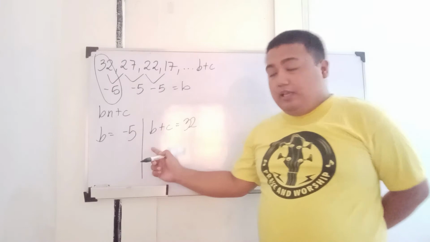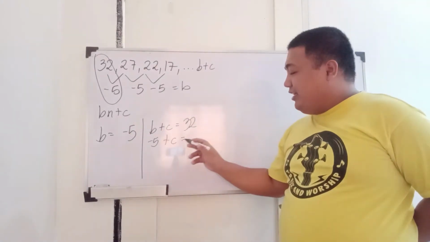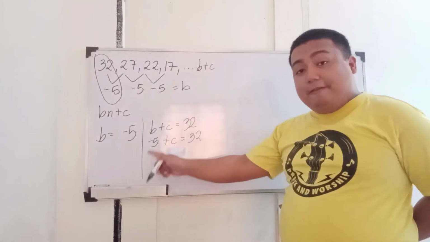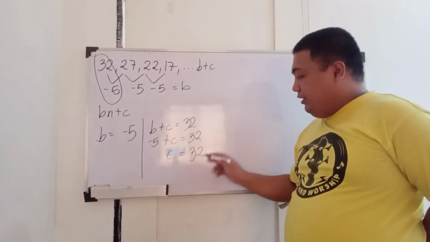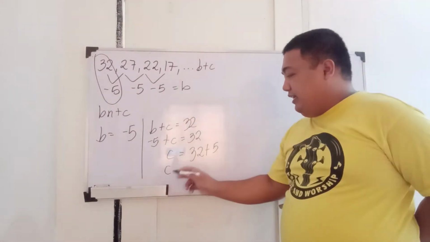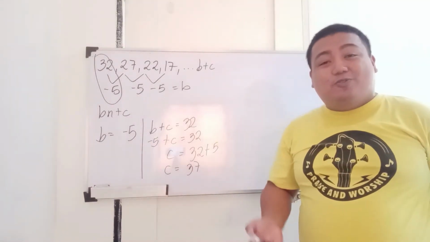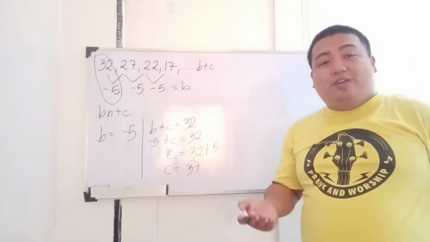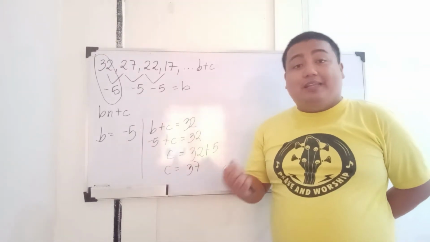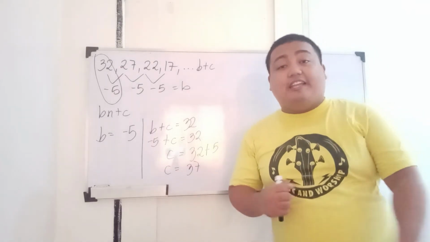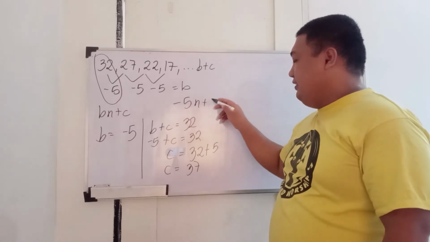Then put B, which is negative 5, here. Negative 5 plus C equals 32. Put negative 5 on the other side. So, C equals 32 plus 5. So, C equals 37. So, the end term of 32, 27, 22, and 17 is negative 5n plus 37.